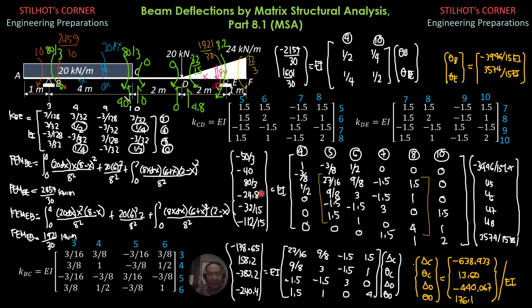Negative 24.8 minus quantity 0, so it's still 0 times that, then minus 1.5 times 3574 over 15, you'll get negative 382.2. And finally, negative 32 over 15 minus 0 times that, so it will not affect. Minus 1 times 3574 over 15, it becomes negative 240.4.